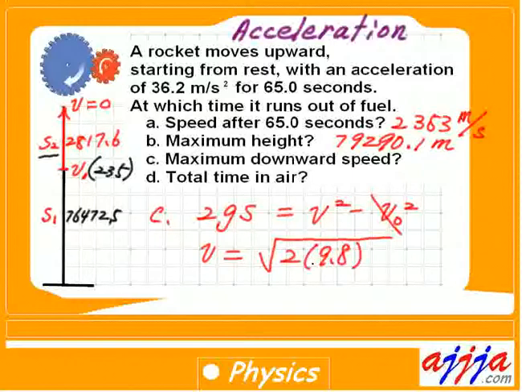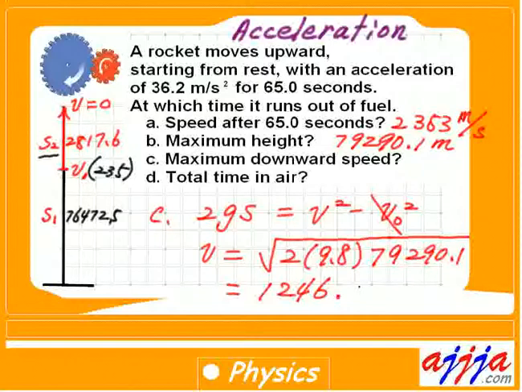Distance together, so the maximum height right there, 79,290.1. Then you just put the square root sign. That's all you have to do. The final speed, maximum speed, is 1,246.6 meters per second.